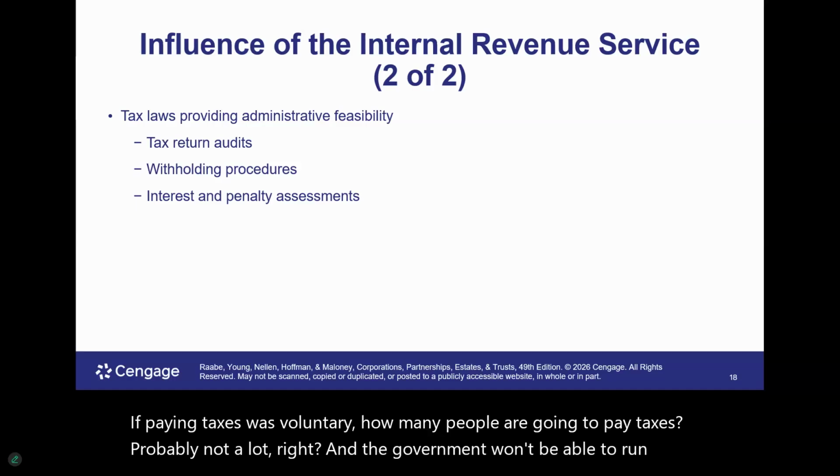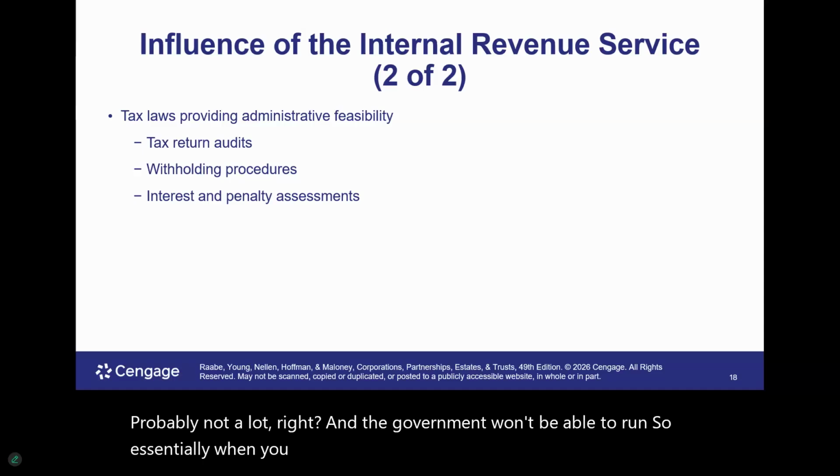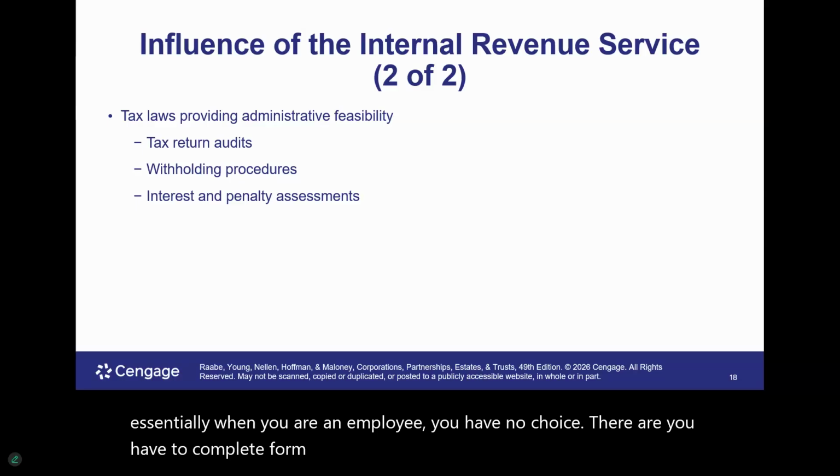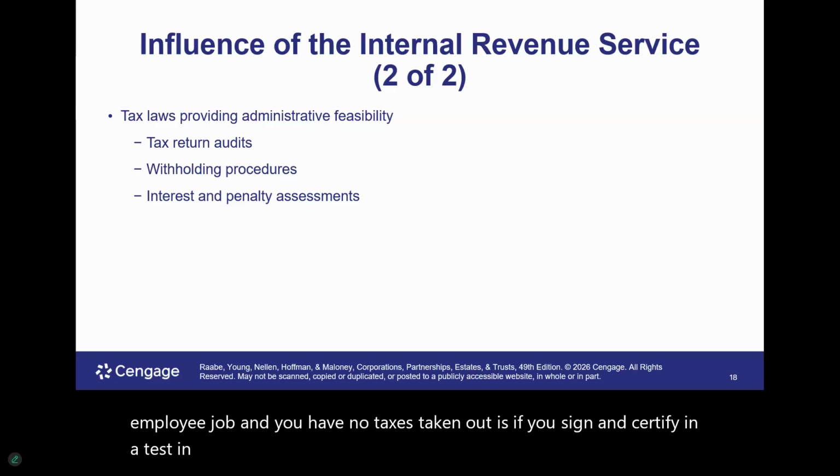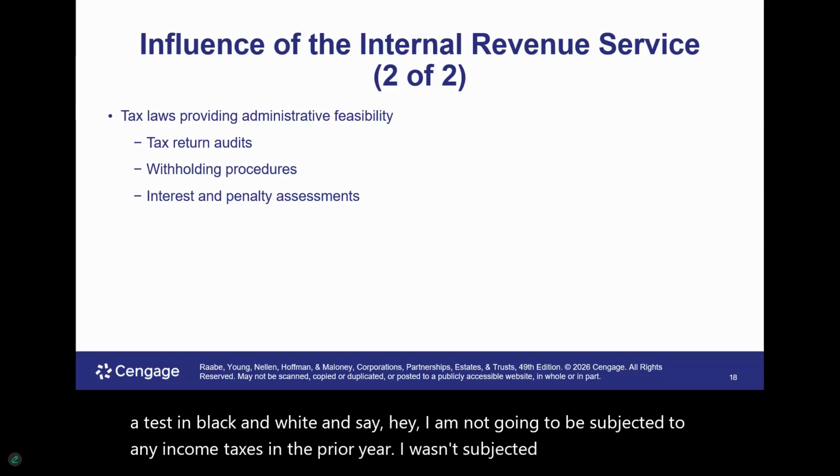So essentially, when you are an employee, you have no choice. You have to complete Form W-4. And the only way that you are working an employee job and have no taxes taken out is if you sign and certify and attest in black and white, and say, hey, I am not going to be subjected to any income taxes. In the prior year, I wasn't subjected to income taxes. That's the only way.